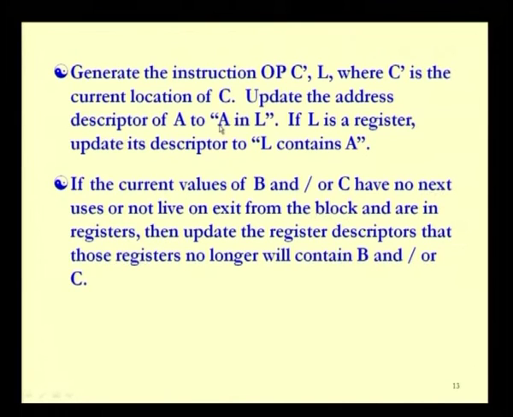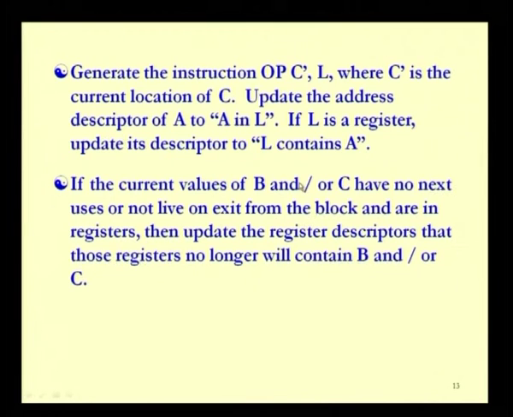The need for updating the address descriptor is that whenever we need to refer to where A is available, we go and look at the address descriptor, and it will tell us that A is available in the location L. L may be a register. If L is a register, then update its register descriptor to say that L contains A. And if the current values of B and C have no next use, then we can mark them as not live.